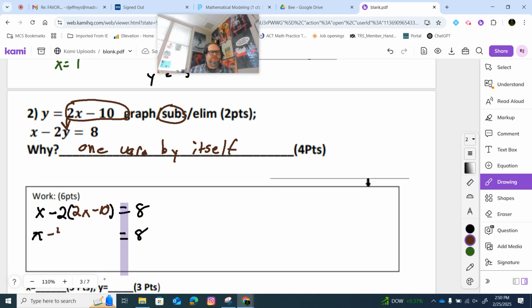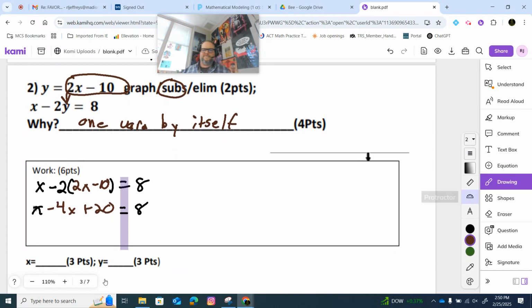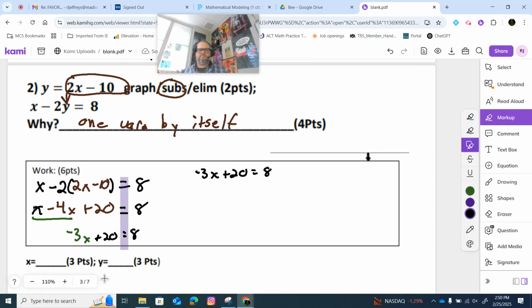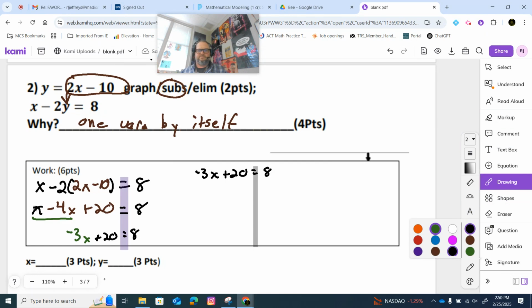All right, so this is going to be minus 4x and then plus 20. And then when I combine these two, minus 3x plus 20 equals 8. So I'm going to have minus 20, minus 20.